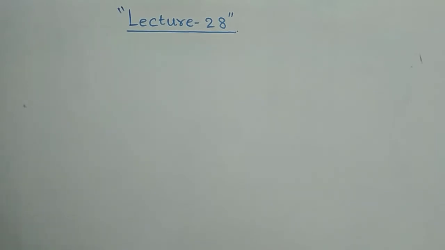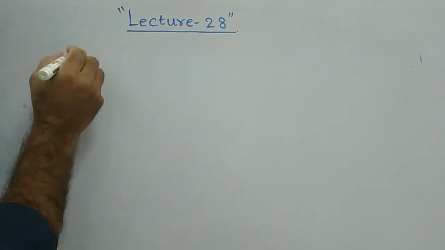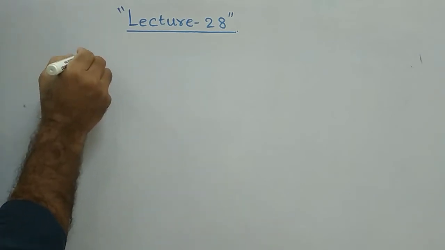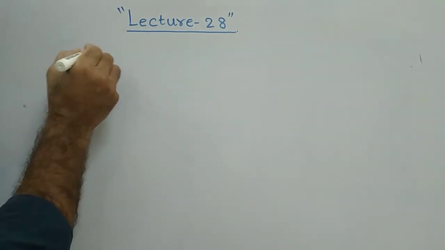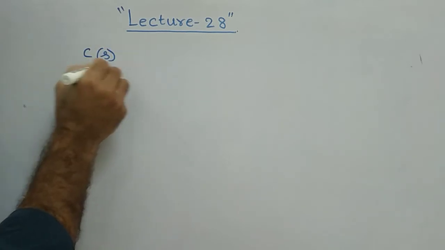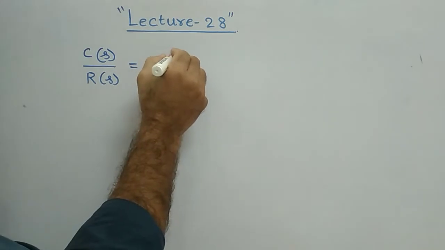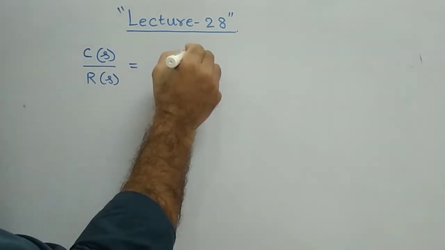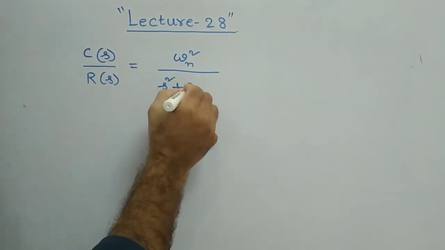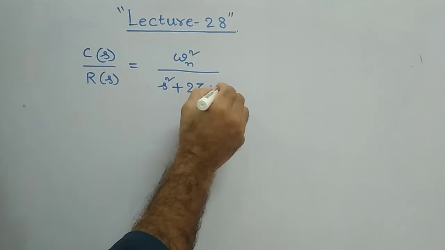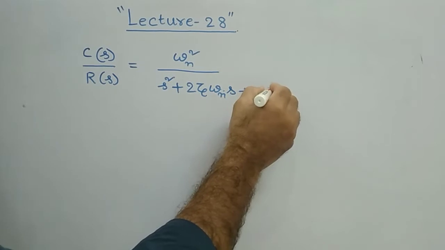Let us recall the standard form of the transfer function of a second order system. It is C of S by R of S is equal to omega n square by S square plus 2 times zeta omega n into S plus omega n square.